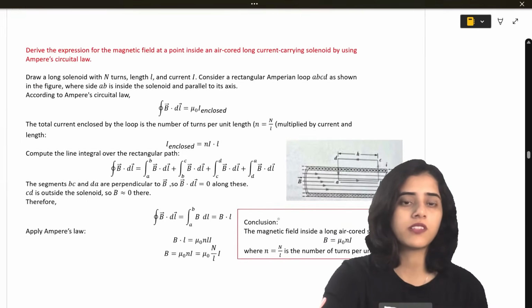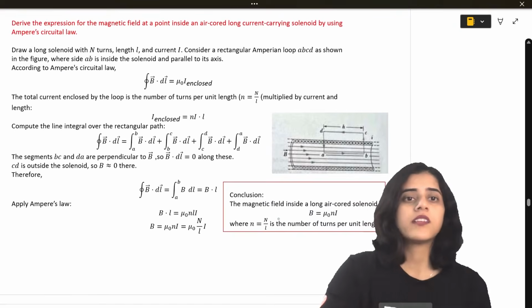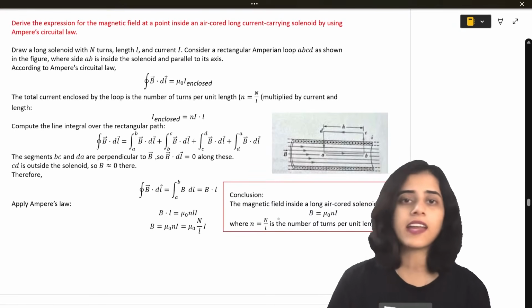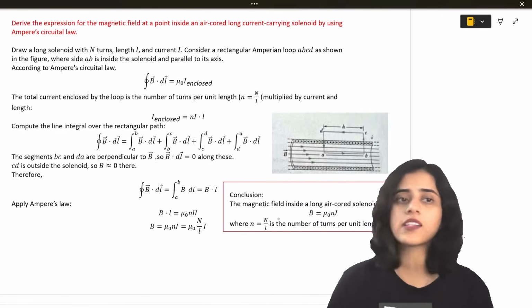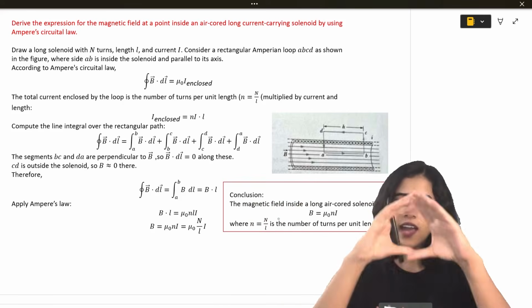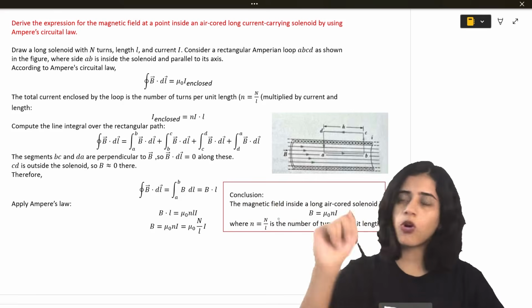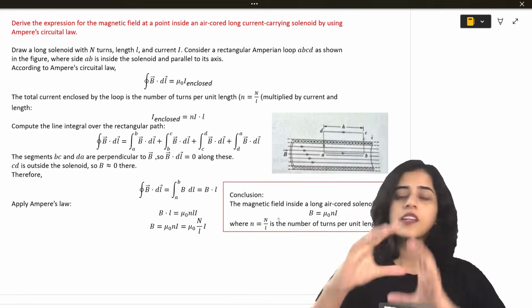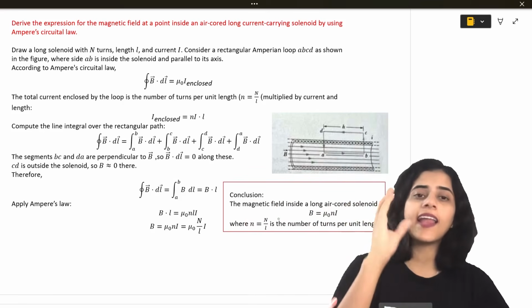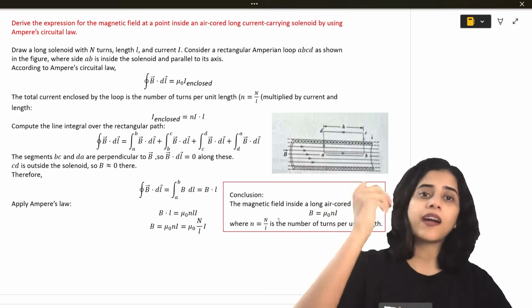Okay, next question. Derive an expression for the magnetic field at a point inside an air-cored long solenoid by using Ampere's circuital law. So you take a solenoid and in the whole solenoid you take a small element, and for that element you find out the magnetic field.